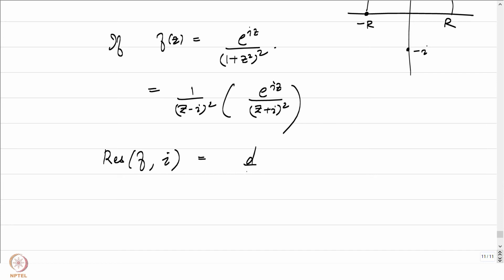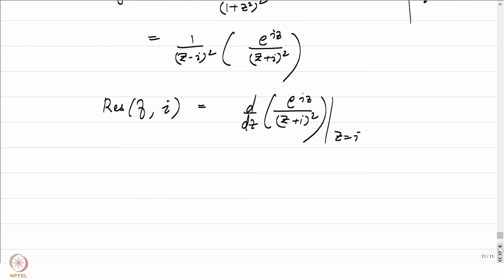is just going to be equal to d by dz of e to the power iz by (z plus i) the whole square, evaluated at z equal to i, which I have done the computation already. This is going to be equal to minus i by 2. I have done the computations. You should sit down and evaluate and see that this is exactly what we will be getting.